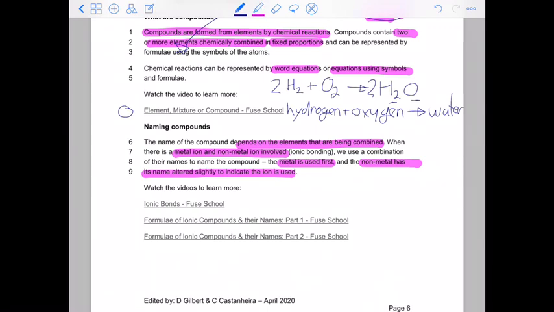So for example, if we react sodium, which is Na, and chlorine, which is Cl, when they combine, sodium, which has 1 extra electron in its outer shell that it is trying to get rid of, will give it to chlorine. So sodium will form a positive 1 ion, and chlorine will form a negative 1 ion.